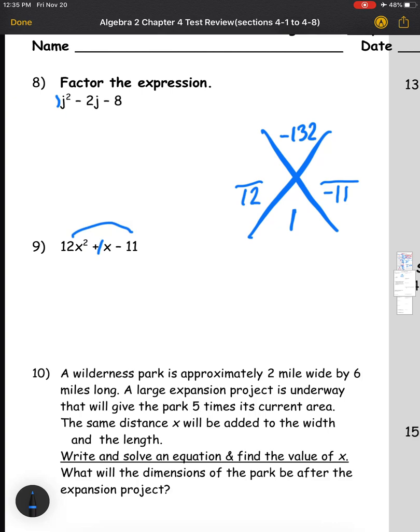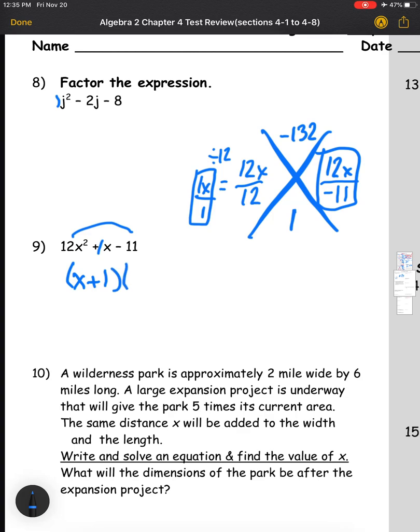But on top, remember, I'm not just putting an x, I'm putting whatever my a value was, which was 12, and attaching the x. Then I have to see, can these reduce? On the left-hand side, yeah, 12 can go into both of those, so I'm left with 1x over 1. And on the other side, 12 and 11 can't reduce down. So my factors here are x plus 1 and 12x minus 11.